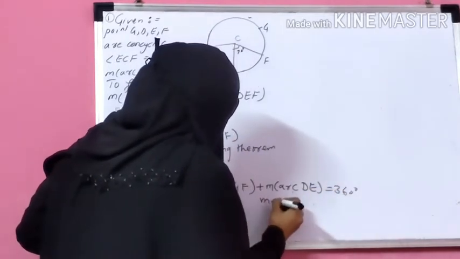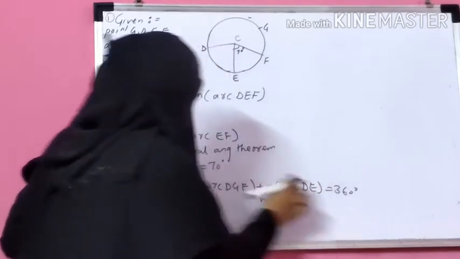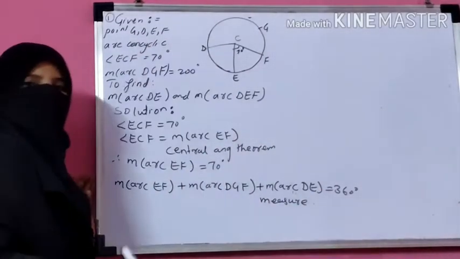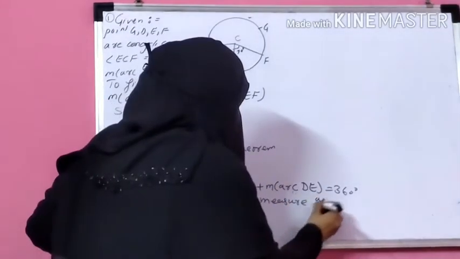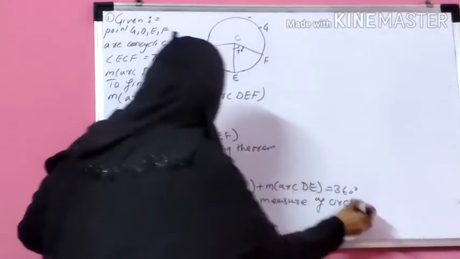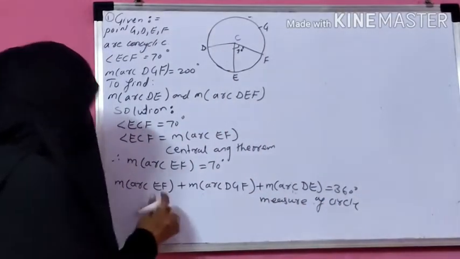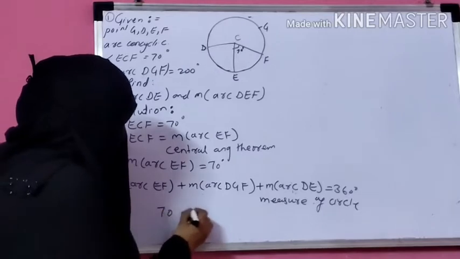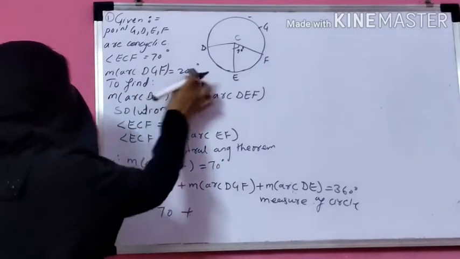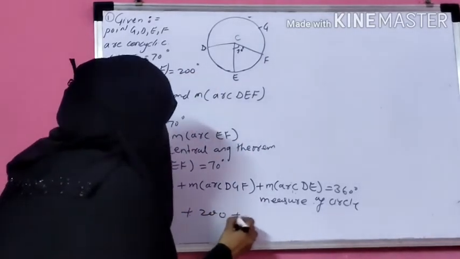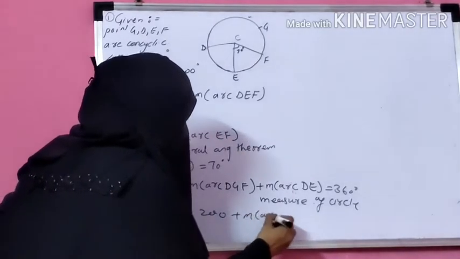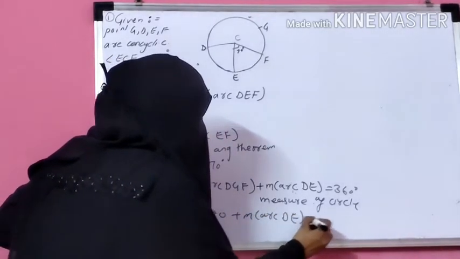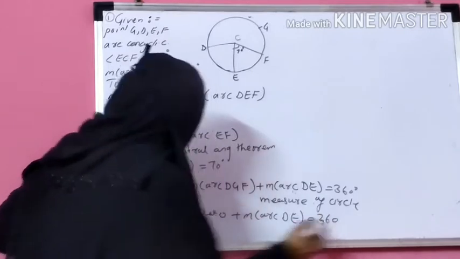The measure of the circle, it's nothing but the addition of these three arcs is the complete whole circle. So the measure of the circle is 360. Now substitute the values. Measure of arc EF is 70 degrees. Measure of arc DGF is 200 degrees. Plus measure of arc DE, which we have to find, is equal to 360. Got it?